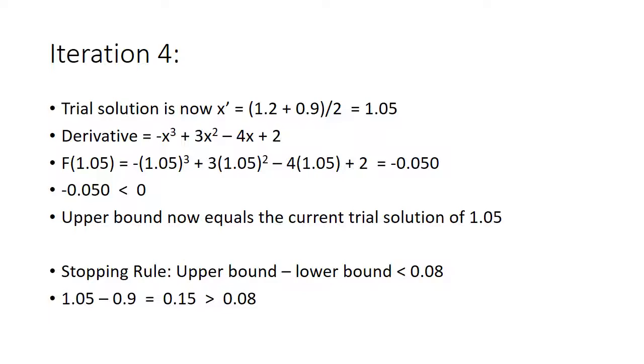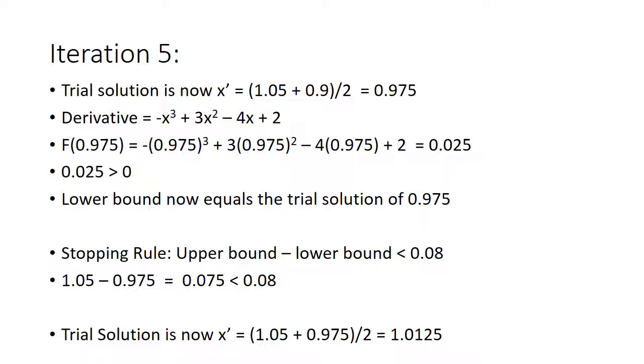So the stopping rule, once again, is that the upper bound minus the lower bound needs to be less than 0.08. Here, our upper bound of 1.05 minus our lower bound of 0.9 equals 0.15, which is still greater than 0.08, so we continue on to iteration 5.